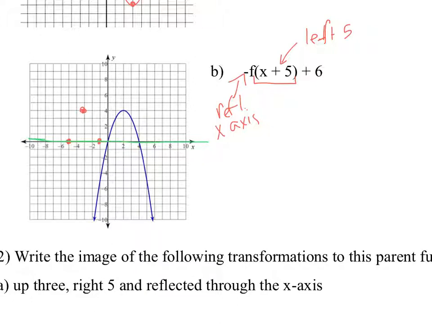So if I'm 4 above, I'm going to be 4 below. And it changes from being a downward facing parabola to an upward facing one in this case. Most of the time it will with parabolas. And then these 2 points are right on the line, so they stay on the line.